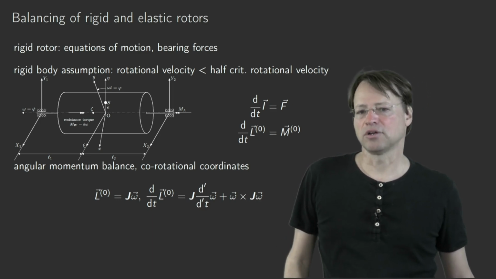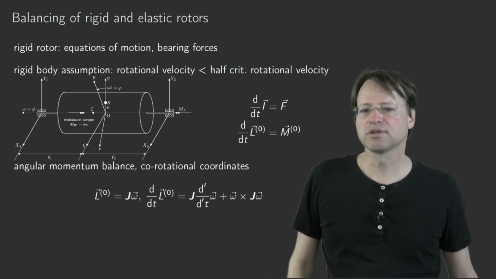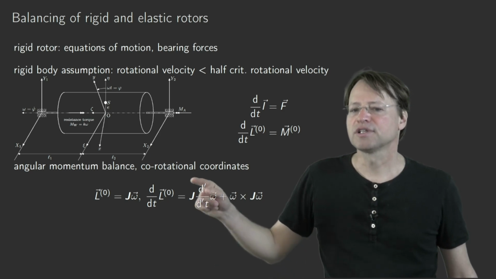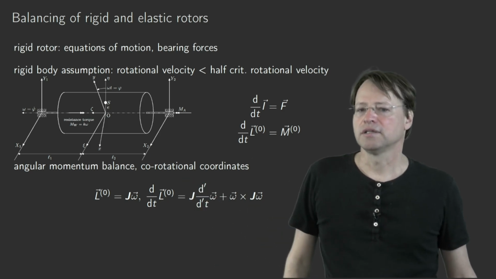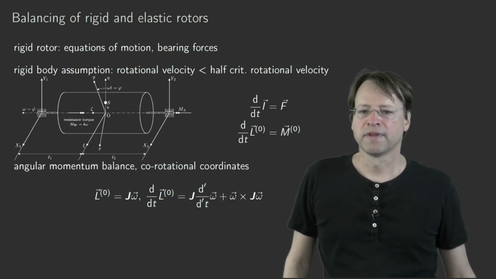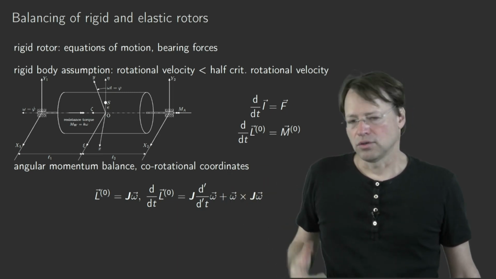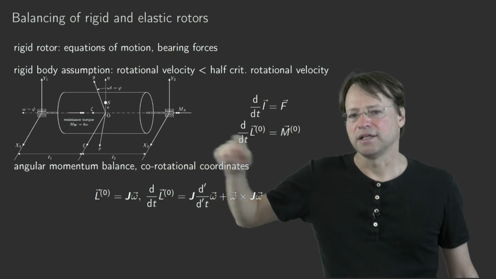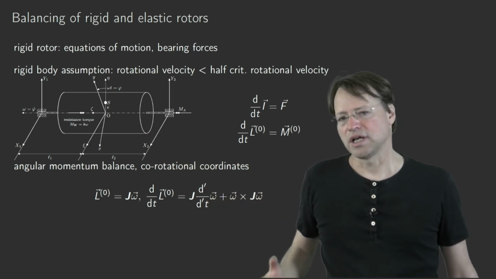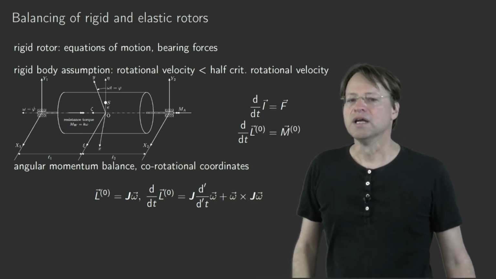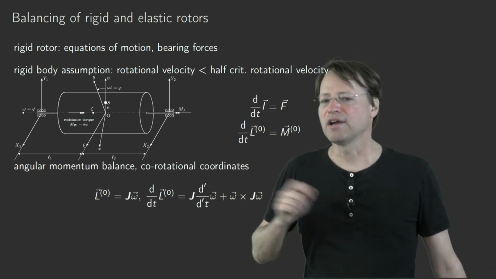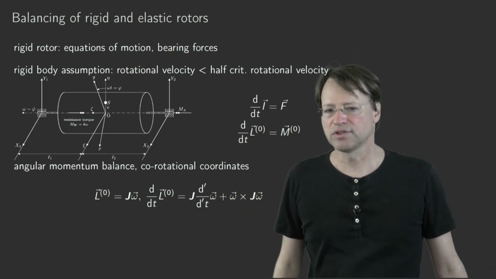So in order to make use of that result for the angular momentum in the angular momentum balance, we have to take the time derivative. The time derivative is now carried out in the co-rotational coordinates. As the co-rotational coordinates, the psi, zeta and eta axes, or psi and eta axes only, are time dependent, we have to be very careful when we take the derivatives here.